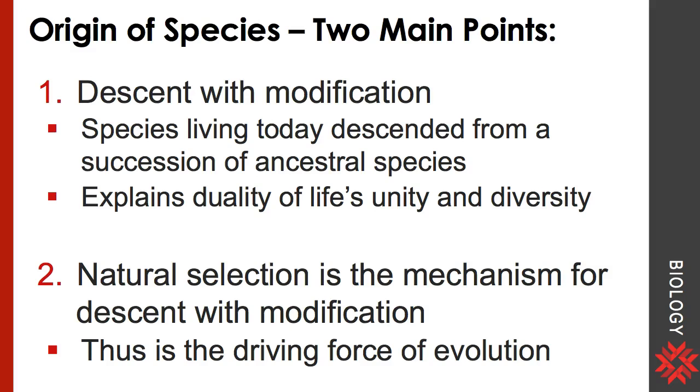You can start to come to this conclusion by looking at fossils and comparing species today to fossils or skeletons of things that lived in the past. The other main point within his book is that natural selection is the reason you see this descent with modification. So that's how evolution actually happens.